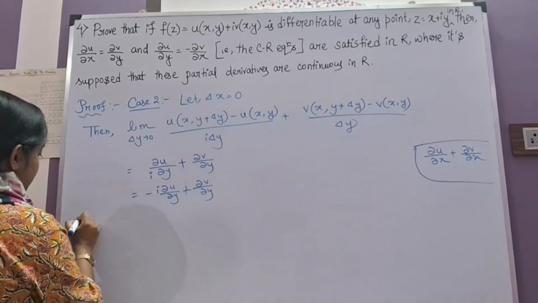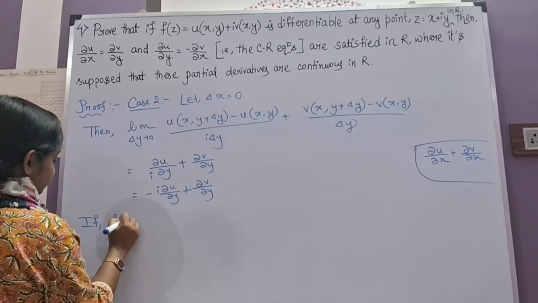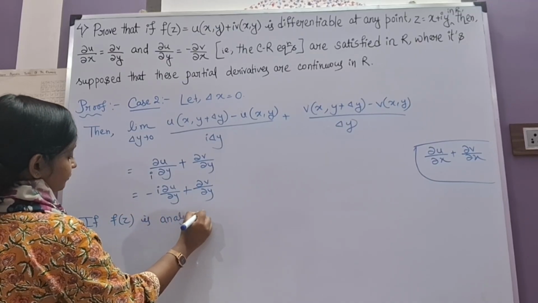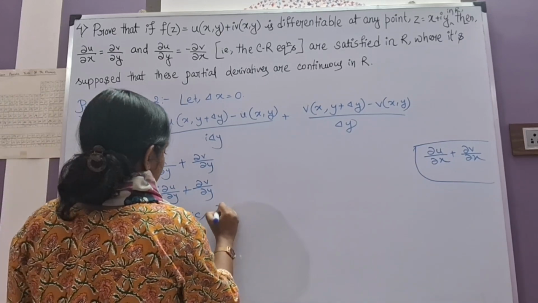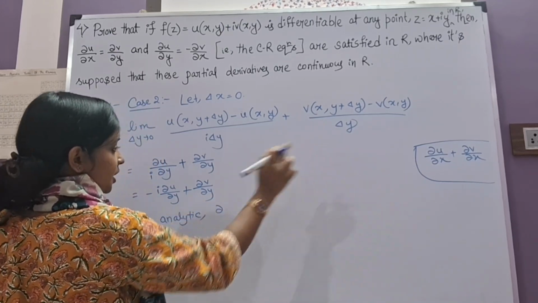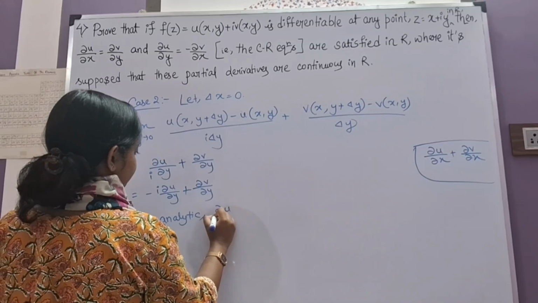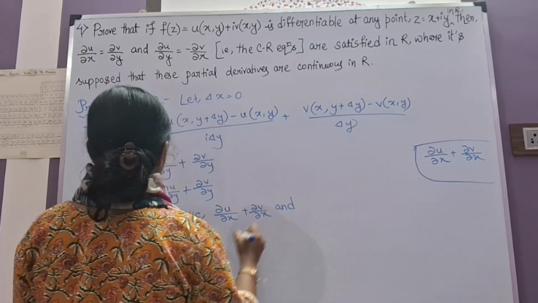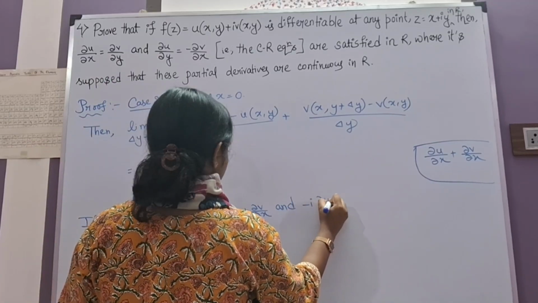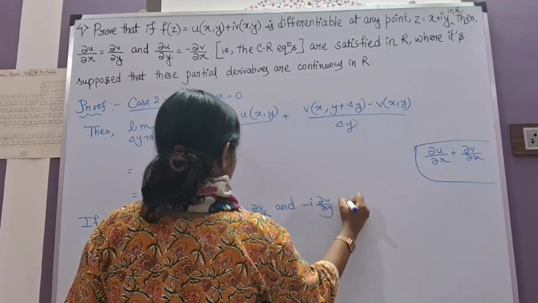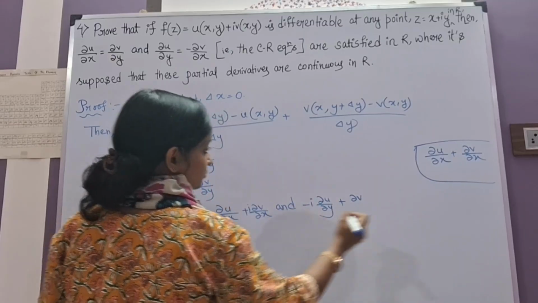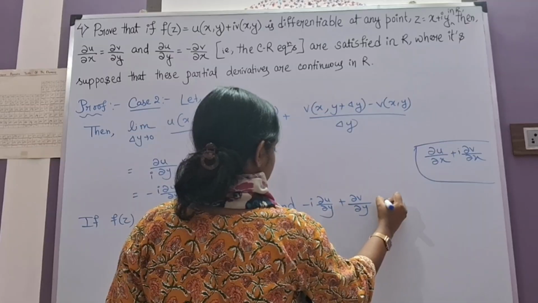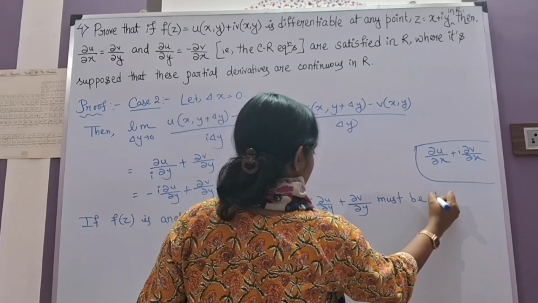Now if f(z) is analytic, these two must be identical. Del u del x plus i del v del x and minus i del u del y plus del v del y must be identical.